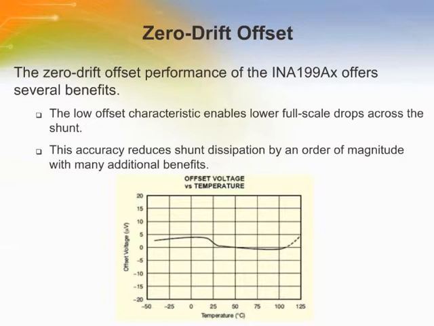The INA199A series of current shunt monitors give equivalent accuracy at a full-scale range on the order of 10 millivolts. This reduces shunt dissipation by an order of magnitude with many additional benefits. Alternatively, there are applications that must measure current over a wide dynamic range that can take advantage of the low offset on the low end of the measurement.